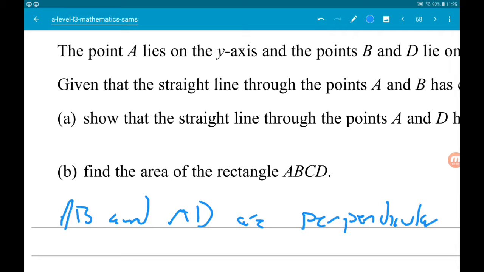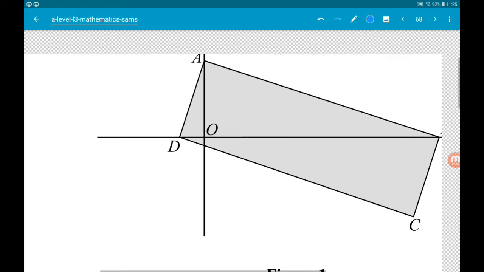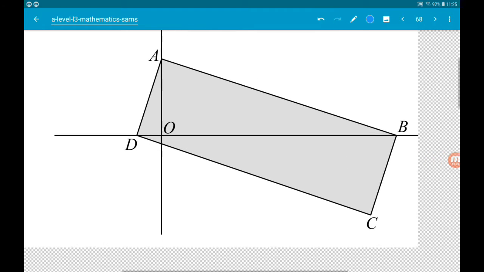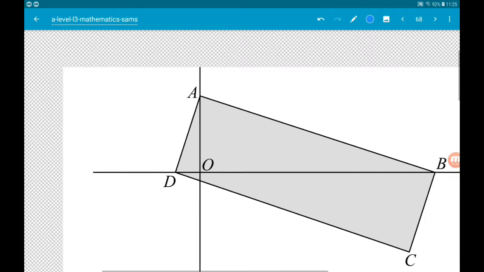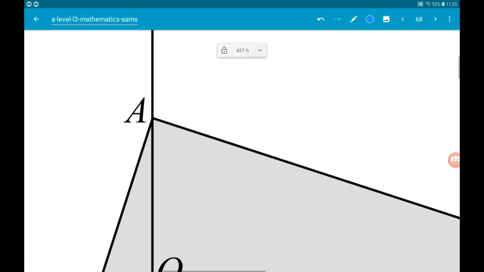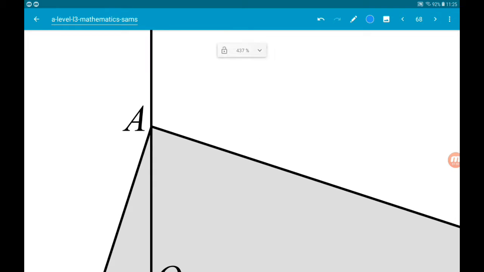So, what that's going to allow us to do is work out the gradient of AD. Okay, so the two lines that we are playing with are the ones that meet here.